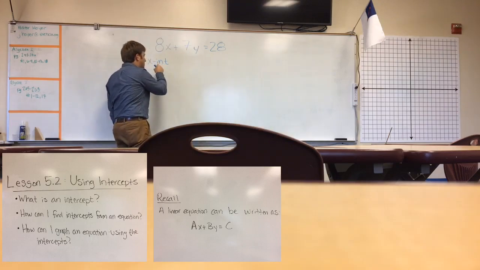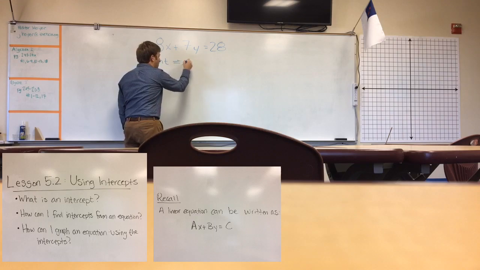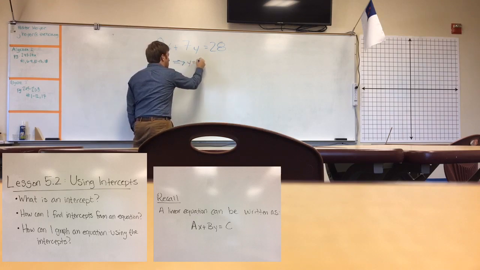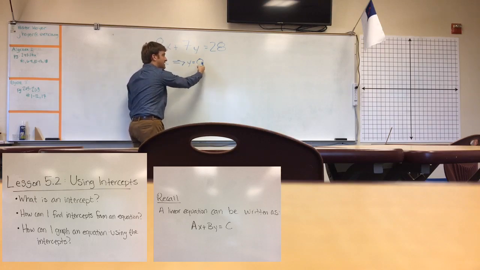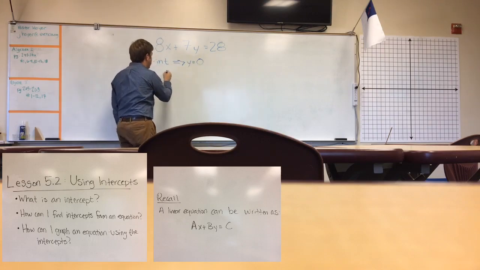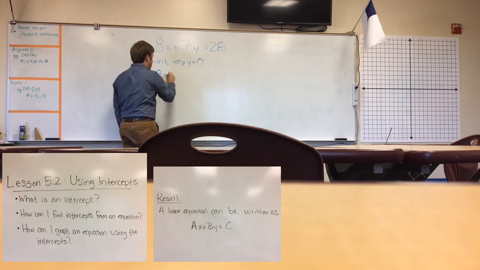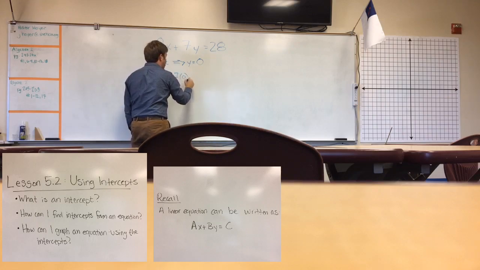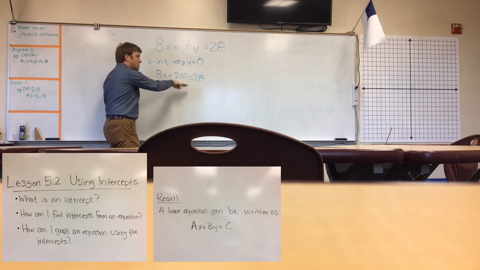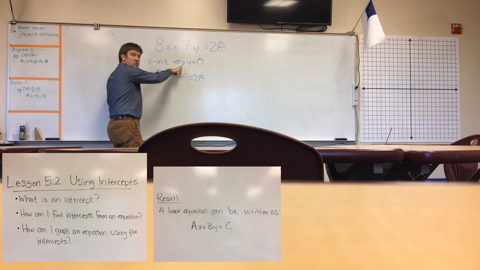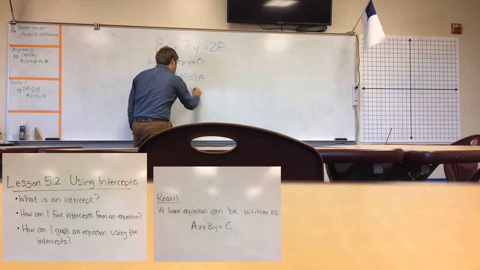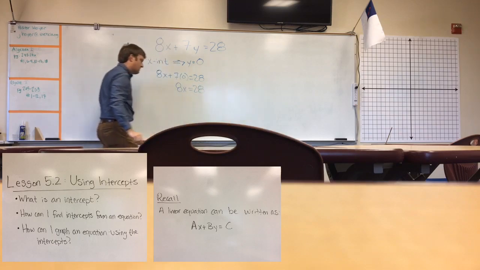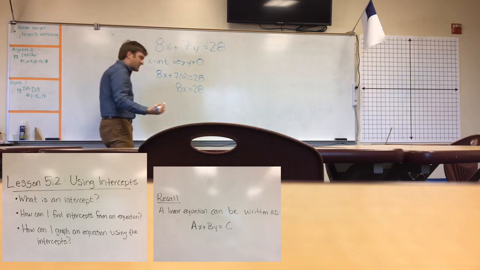So the x-intercept is when y equals 0. So we just rewrite this, plugging in 0 for y. Okay, so we go 8x plus 7 times 0 equals 28. So this just goes away because 7 times 0 is 0. So what we're left with is 8x equals 28. Now we divide both sides by 8.